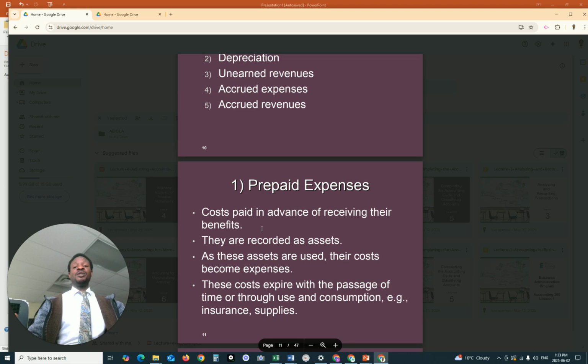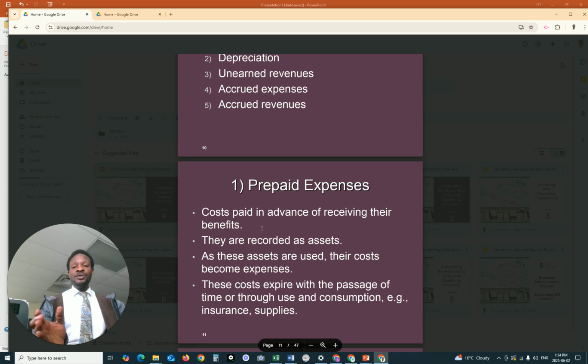It is an asset because it's like you are tying your capital down prior to the time you would use it. So it is an asset because you own that thing. You own the right of use, in quotes, of that thing. So as you start using that thing, that prepayment gets reduced, and the expense of usage will be increasing. Basically, it means that when you pay for something in advance, it is recorded as an asset.